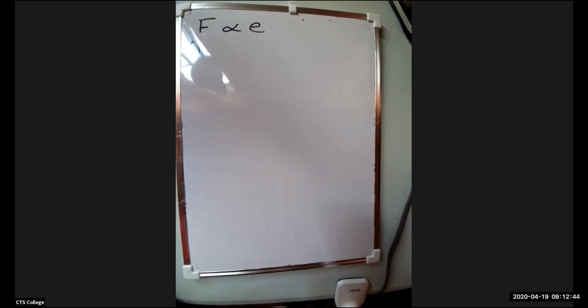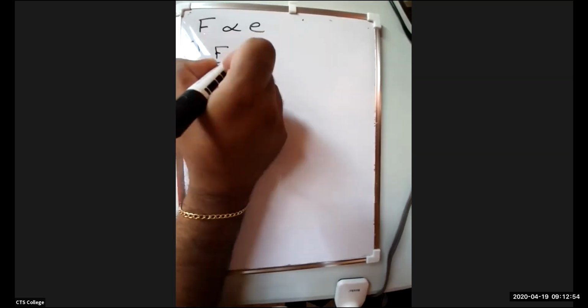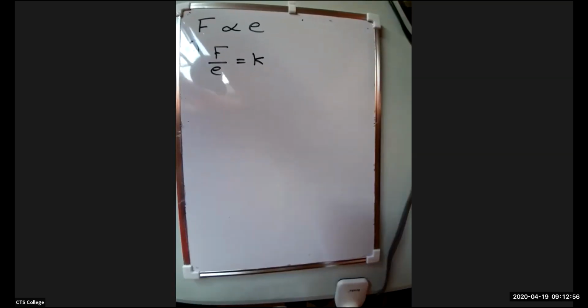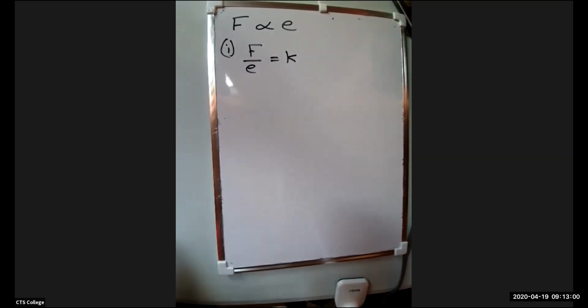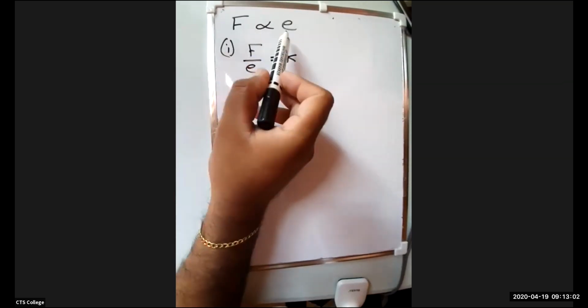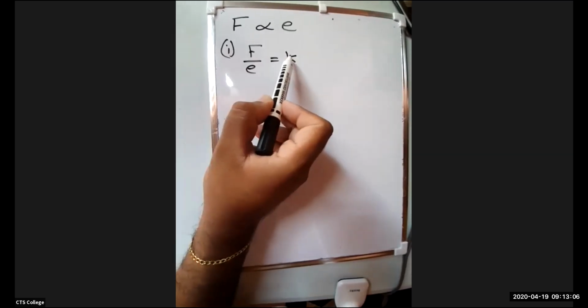So it's basically asking us to make F the subject of the formula, because they said in terms of F, right? So F over E is equal to K. I hope you all remember that from last week's class. We write it in fraction form and put it equal to the constant.